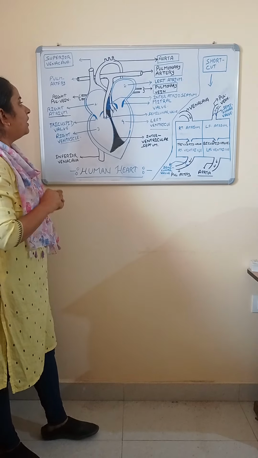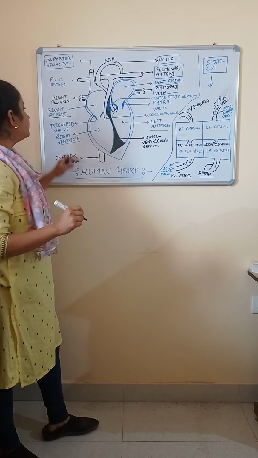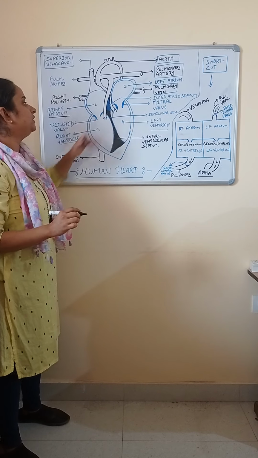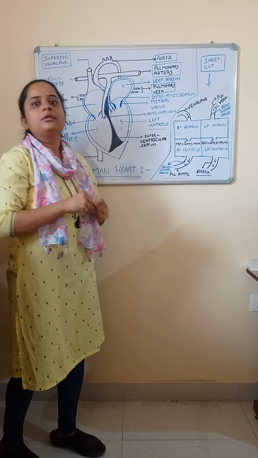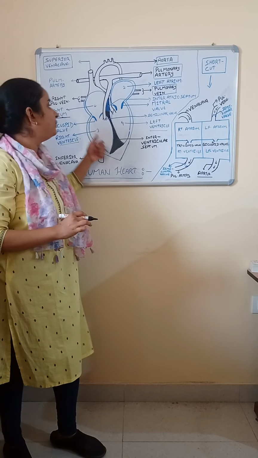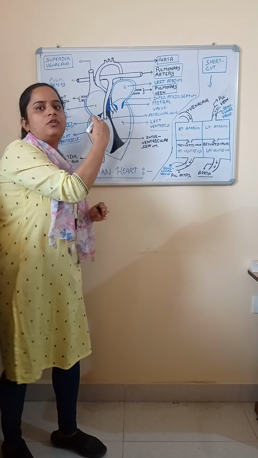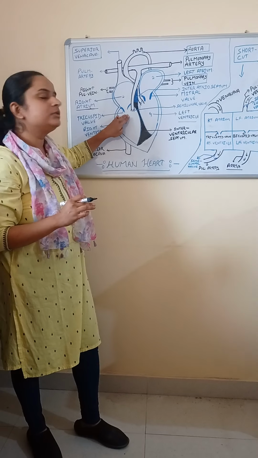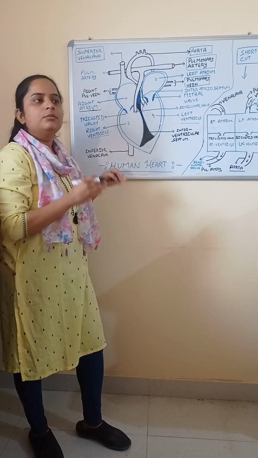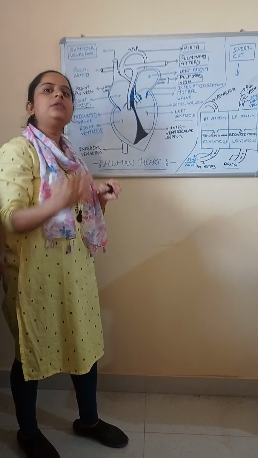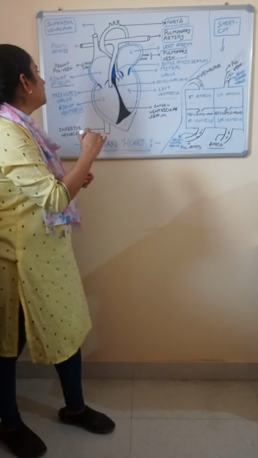Okay. After this, we have some valves. These valves have the function of supplying blood in only one direction. They prevent the backflow of blood. With the help of these valves, our blood moves in a single direction and cannot flow backward.